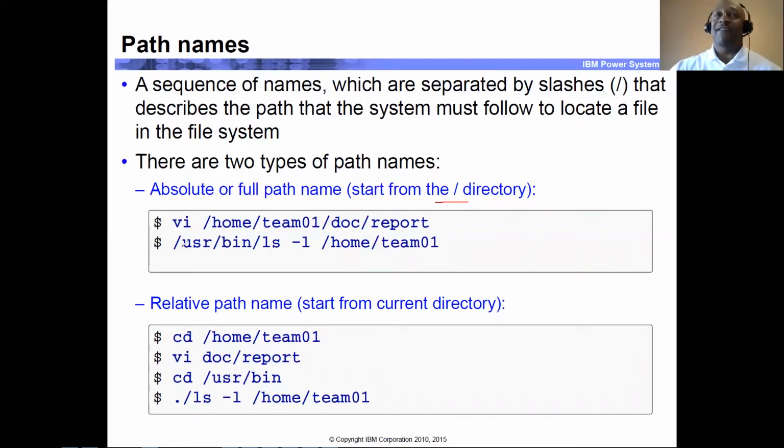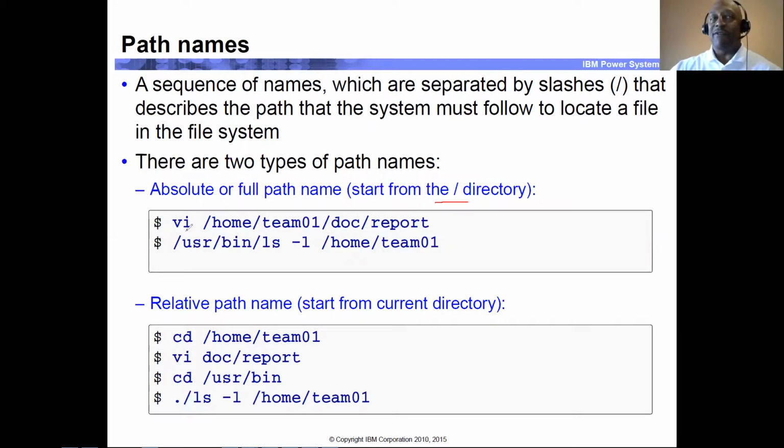In other words, they start the path where the ls command is located, which is /usr/bin/ls -l. Normally we just run the ls -l against /home/team01, but the customer is specifying an absolute or full path, which begins the search from where? From root, or /.